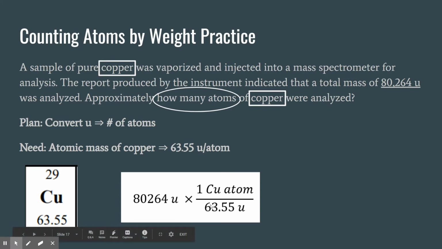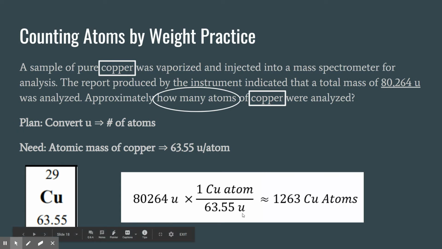One copper atom is 63.55 atomic mass units, and then I'm just going to plug into the calculator and solve, and this sample will be about 1,263 copper atoms. And in this way, we can see that we can use masses to count atoms. We're going to extend this further in future videos.